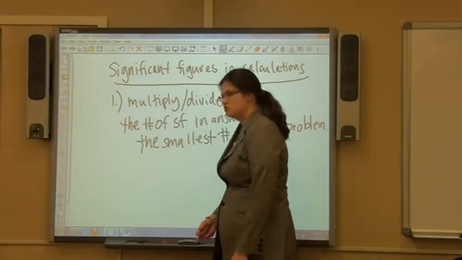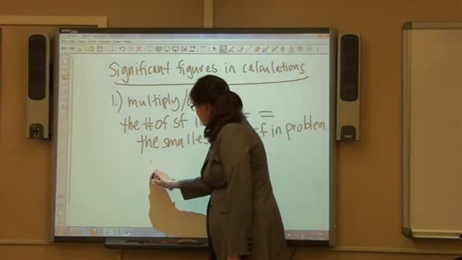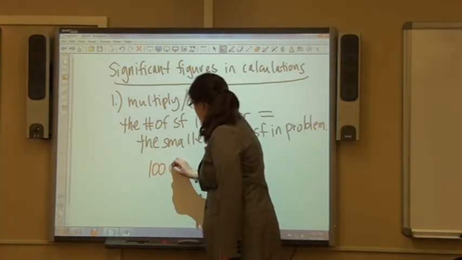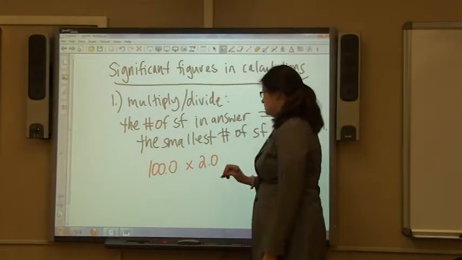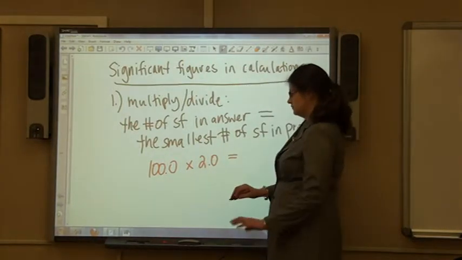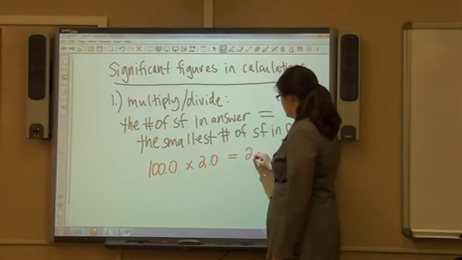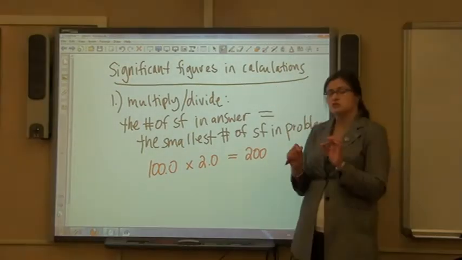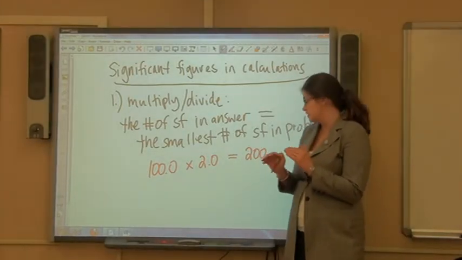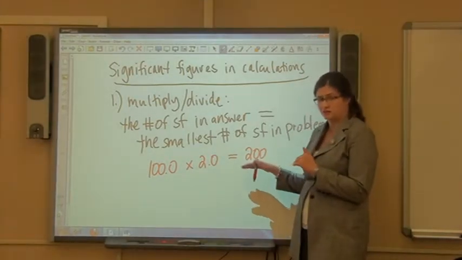Okay, so let's just do some easy basic math. 100 times 2. You don't need a calculator for that. Your answer is 200. Okay, how do you determine how many significant figures you should report in your answer?